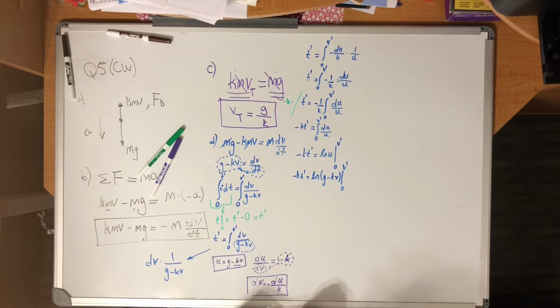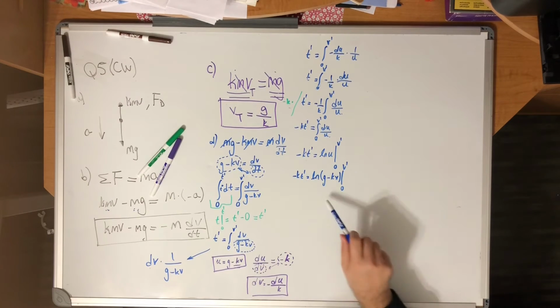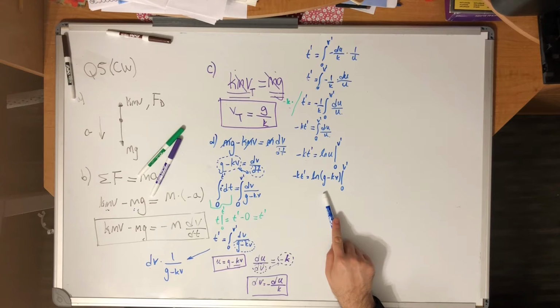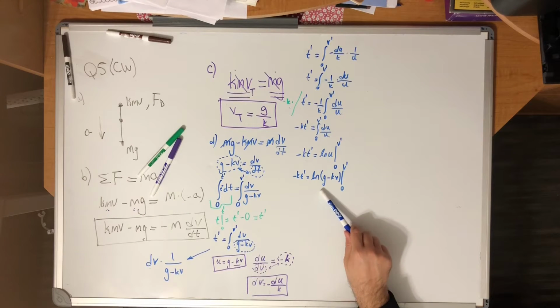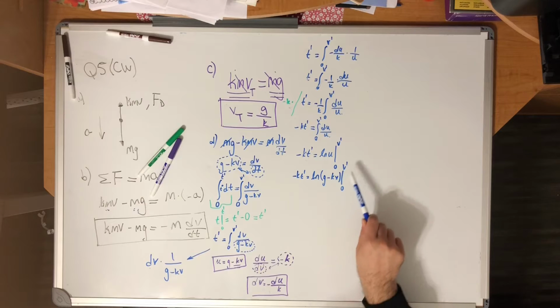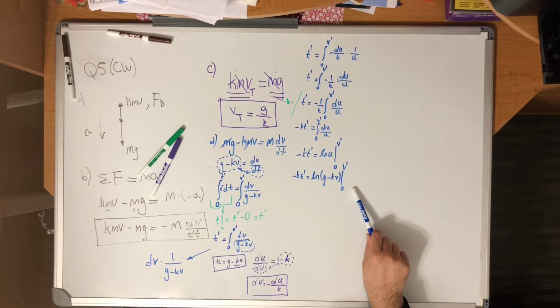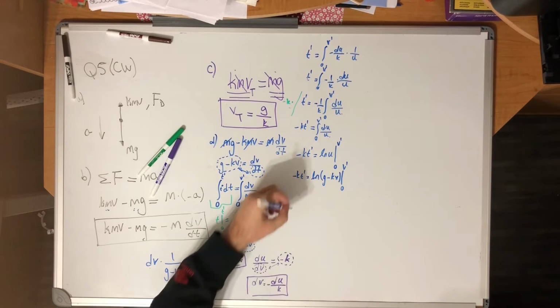Alright, now which number do we substitute? My only variable in this function is v, since g is a constant and k is a constant. So I'm going to substitute this v with the upper boundary and the lower boundary. So now let's do this.